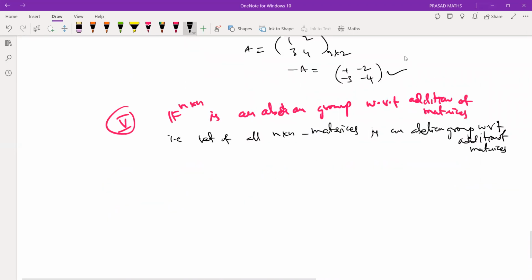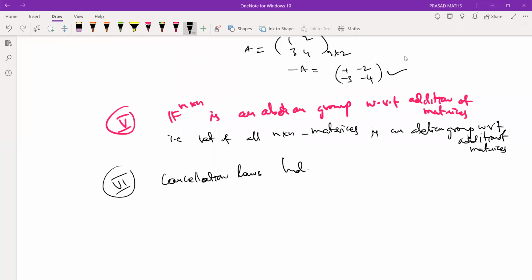Now, once it is a group, automatically every group satisfies cancellation laws. So cancellation laws hold in the set of all m by n matrices with respect to addition.